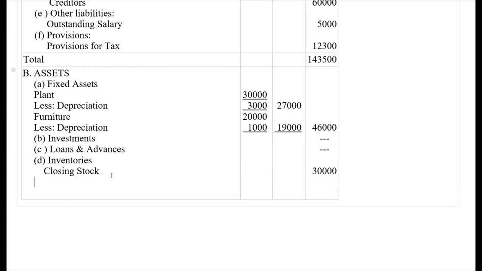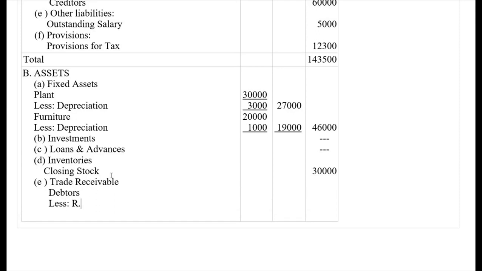Then the next one here, trade receivables. Under this here we have got debtors less RDT.